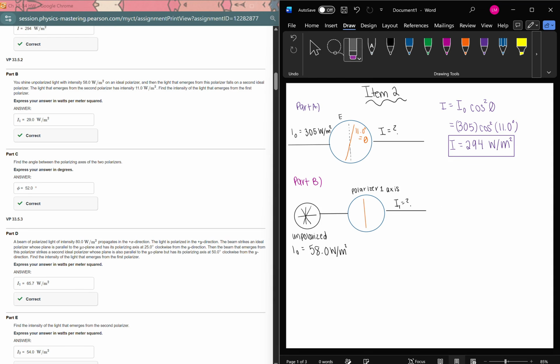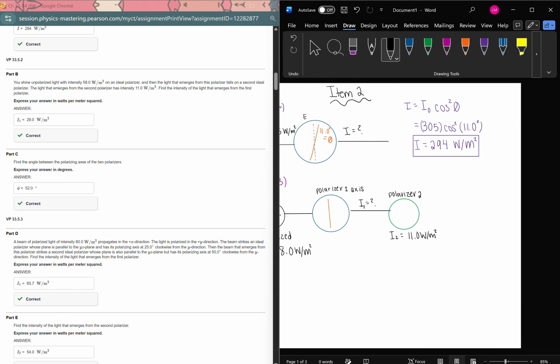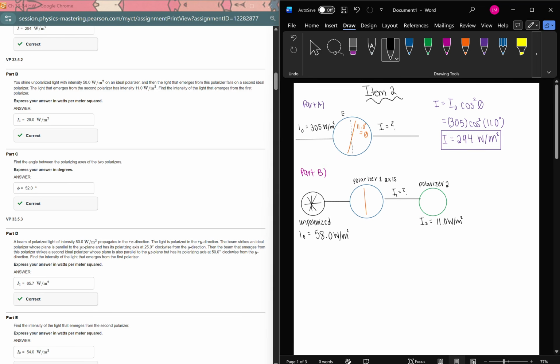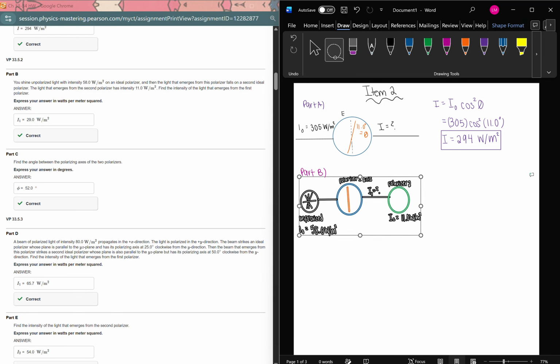This is polarizer 2, and the intensity after polarizer 2 is how much? 11.0 watts per meter squared. So we've got everything drawn out now. We have to find the intensity of the light that emerges from the first polarizer. Let me make this smaller so I can do the work.